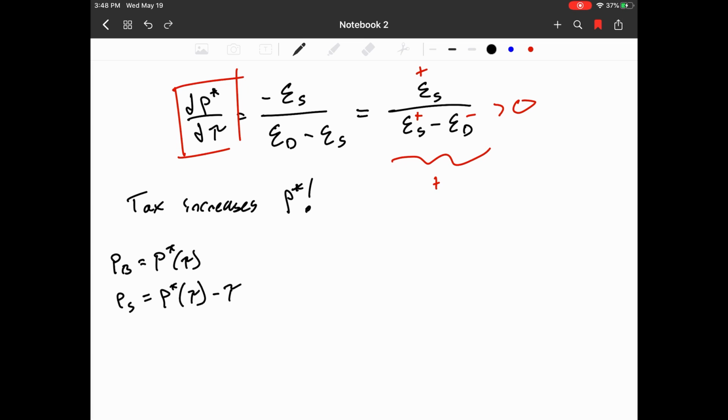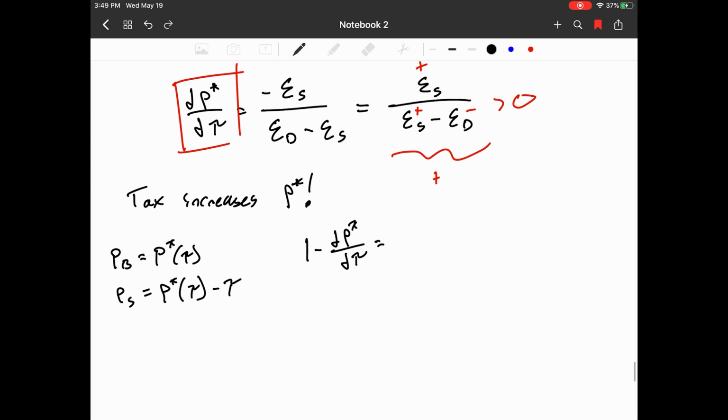So the incidence of tax is going to be this derivative for buyers, and 1 minus this derivative for sellers.